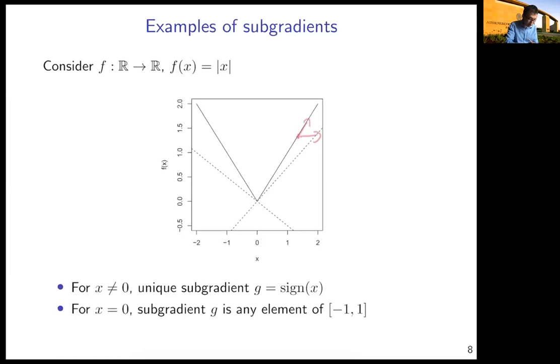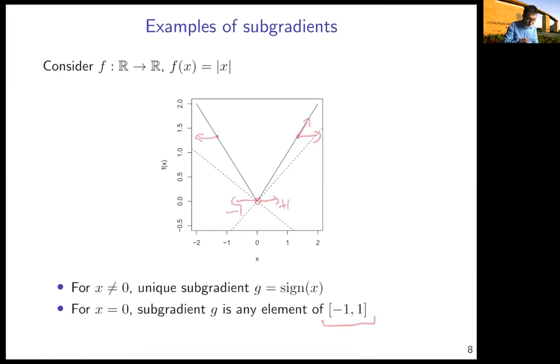Similarly, on the other side, the gradient points in the opposite direction. The only part where the function is not differentiable is at the origin. The set of all subgradients that satisfy the condition is the convex hull of the points +1 and -1, which gives us any element from -1 to 1.